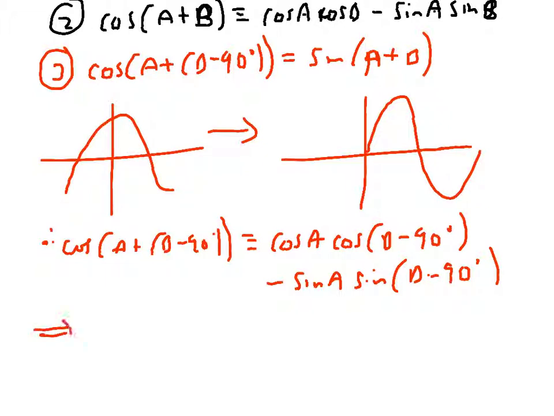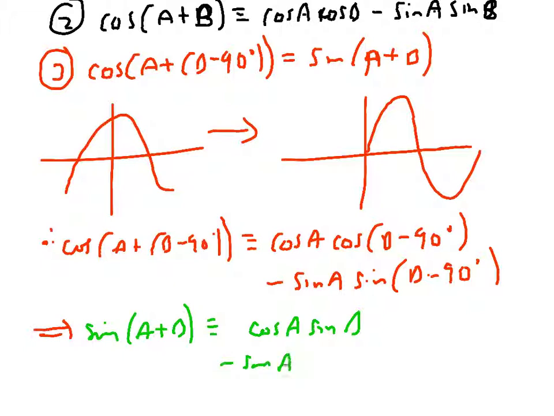So from here then, the whole point of this is sine A plus B, which is equal to cos A. This cos B minus 90 is a shift of the cos graph, which, as we said earlier, is sine B. And then I have minus sine A as normal.